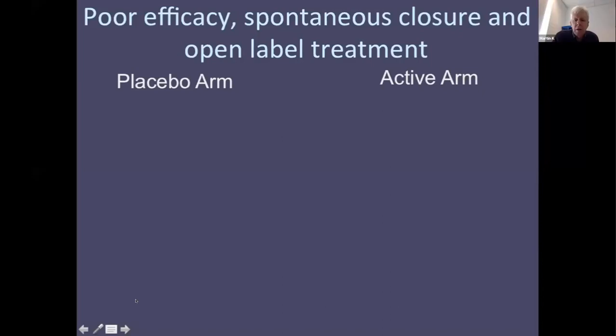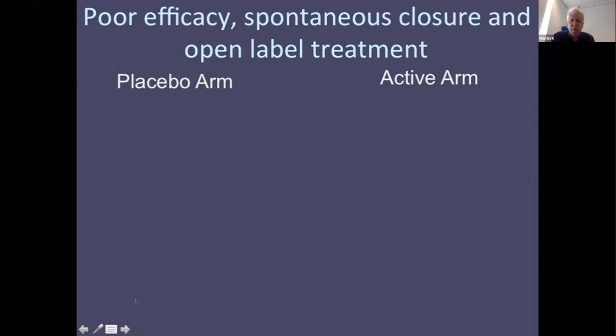Thanks, Kurt. The second thing I wanted to address, which is again something Kurt touched on, is the difficulties we have with this particular problem of the patent ductus arteriosus. So can you see my screen, Julie? Yes, I can. Very good. Thank you. So we have a multiple set of problems here which make designing PDA trials really difficult.